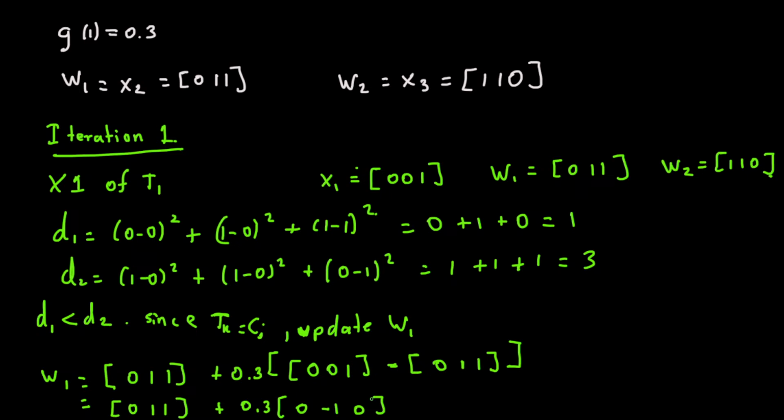Okay, if it's -0.3, then when we add, 1 minus 0.3 is going to be 0.7, so we are going to end up having 0, 0.7 and 1 right here for the first weight vector. Now W1 is updated, which is 0, 0.7, 1. Now what we have to do is carry this one and do the next iteration.